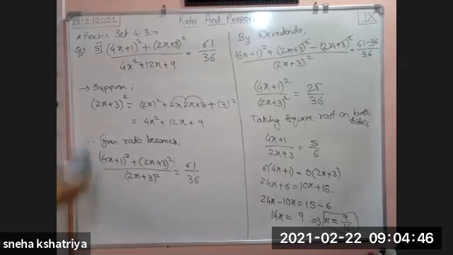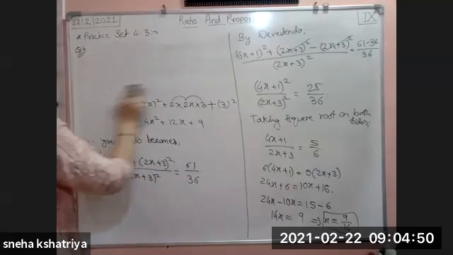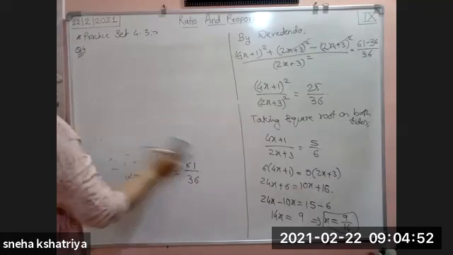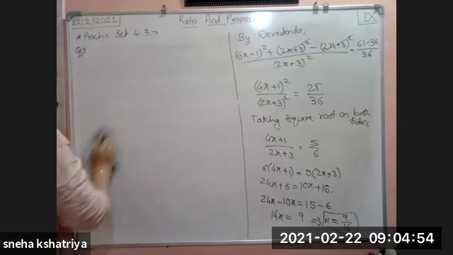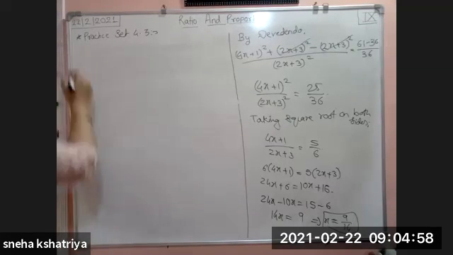Okay. Now we will see the last example, the sixth one. This is a lengthy kind of example, so they may ask you this example for 3 marks also.